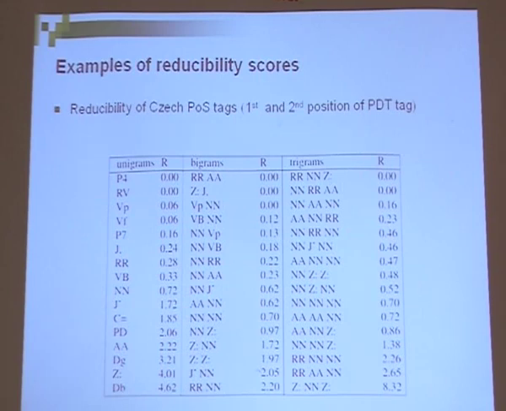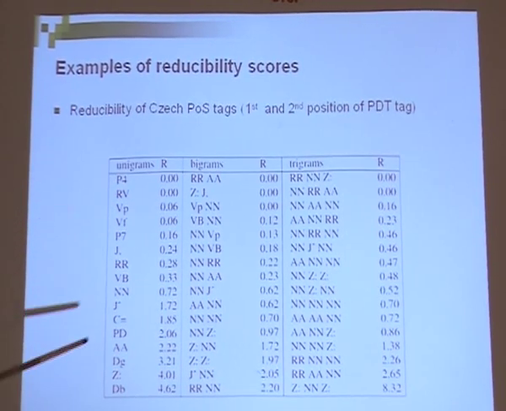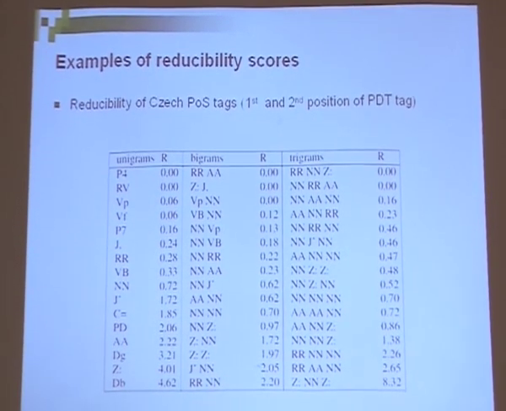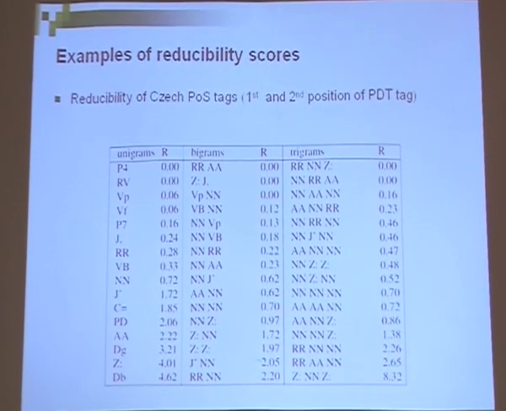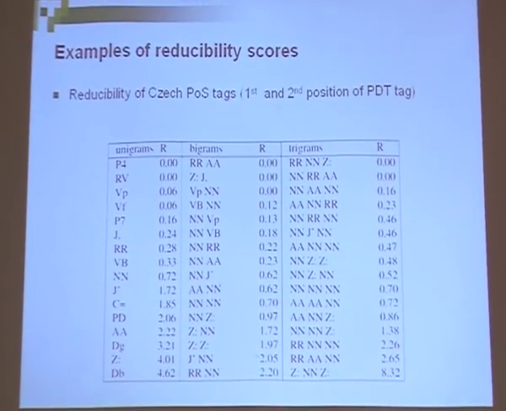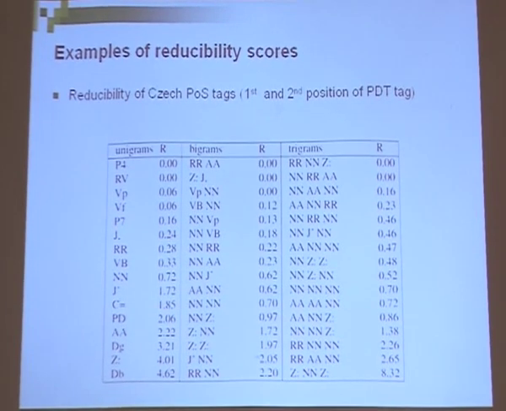So, if I compute the reducibility as I described, here is the table of the most frequent unigrams, bigrams, and trigrams in the PDT. As a POS tag, I used only the first and second position of the PDT tag.